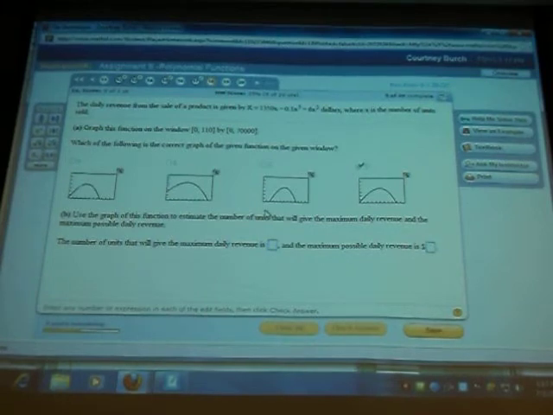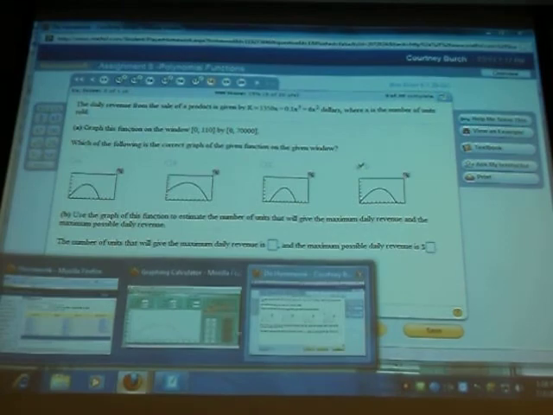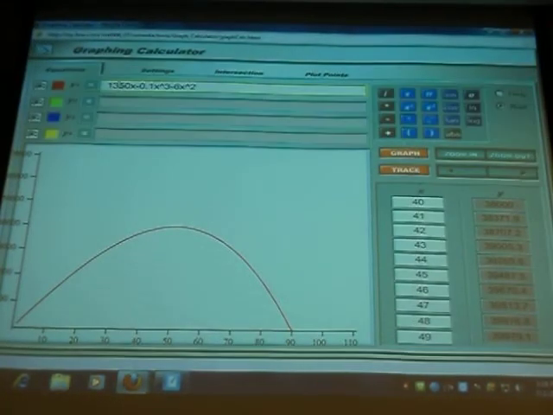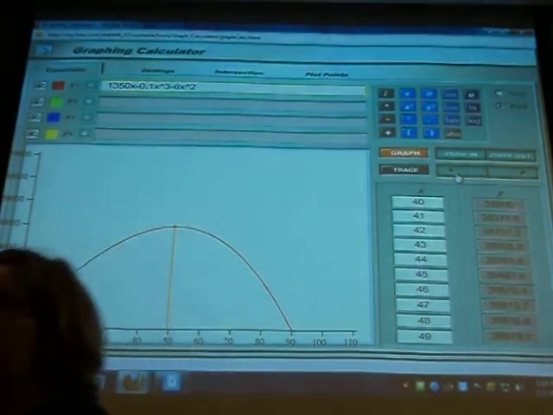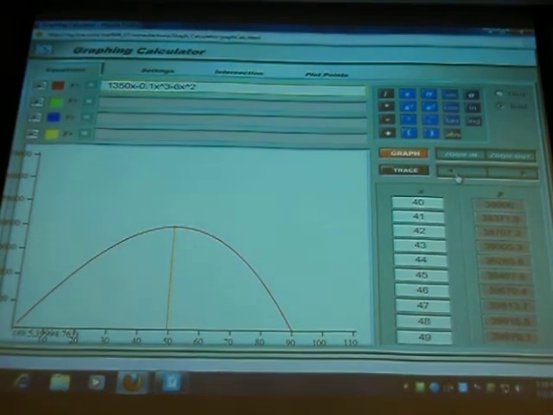Okay, so if I want to estimate my maximum on number 18, you're going to have to use your trace. Now, to choose the maximum, you can't get the exact number, but the trick on this one is you need to go to the closest multiple of 10.